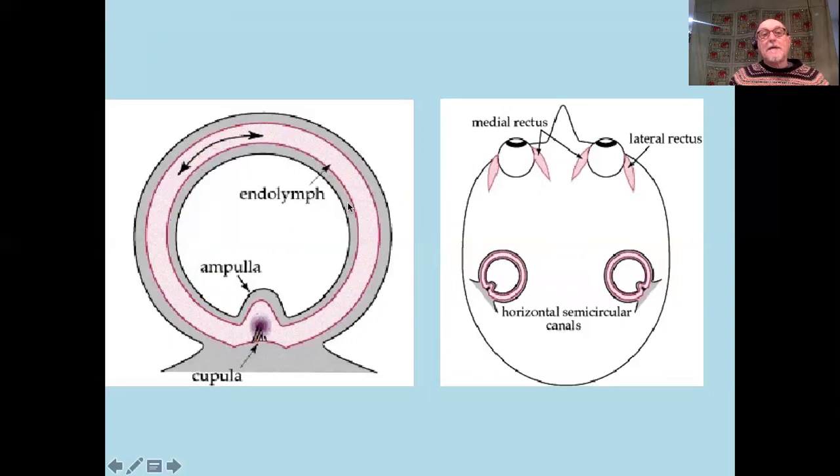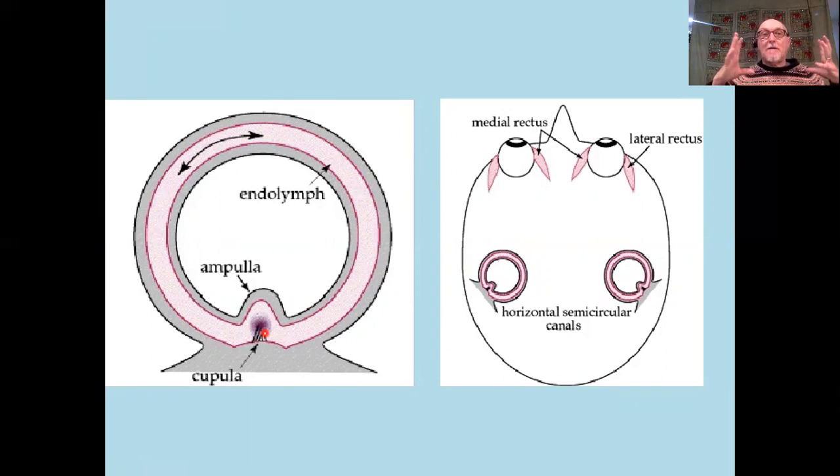This fluid in here can move. And as you move, the fluid actually stays in much the same place. You move around the fluid, and then the fluid impresses on the hair cells as the hair cells move, and that conveys a sense of movement.